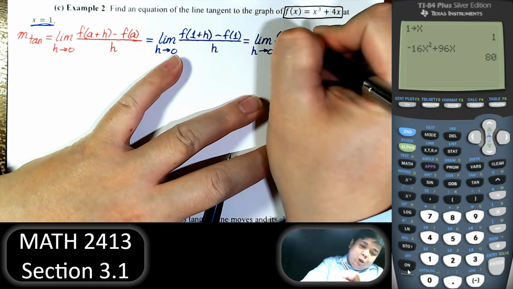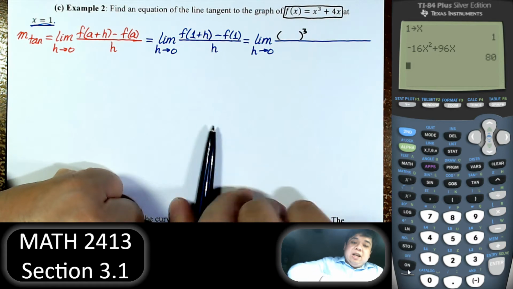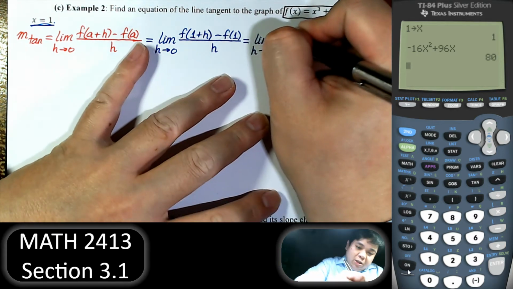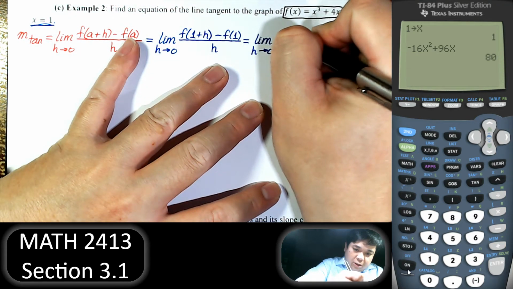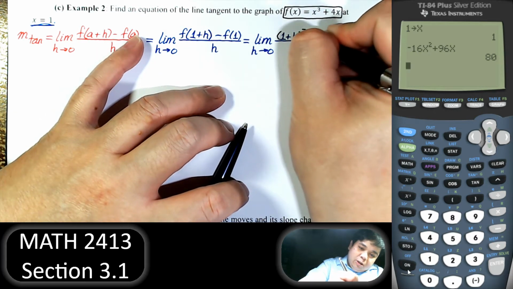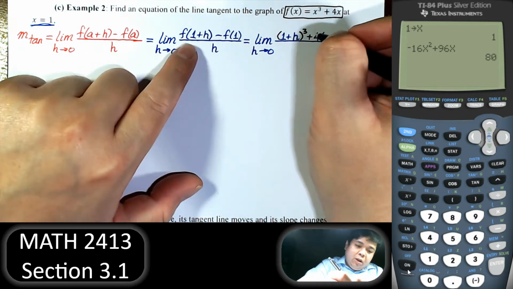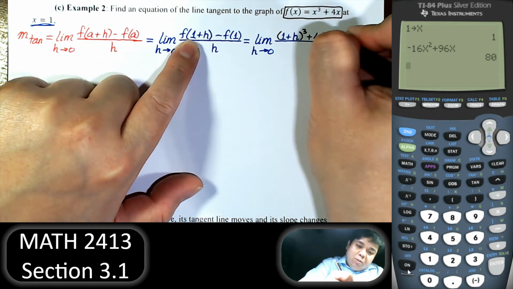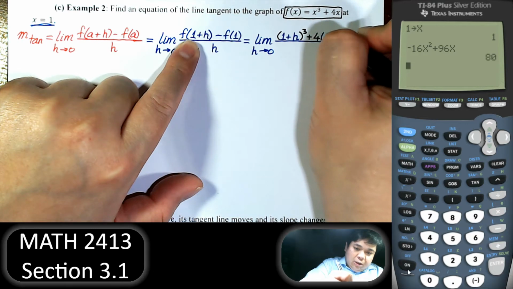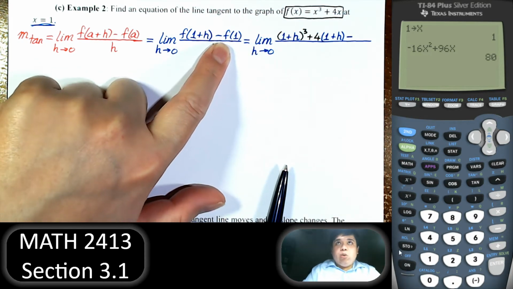So we have something cubed. Instead of x, this is 1 plus h. And then plus 4 instead of x is 1 plus h, minus f of 1. So what is the value of the function when x equal to 1?